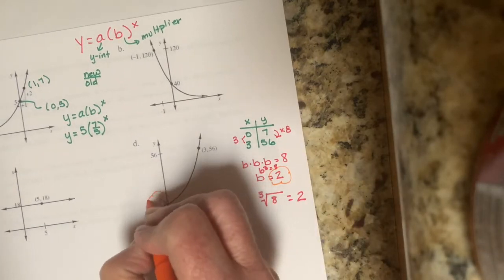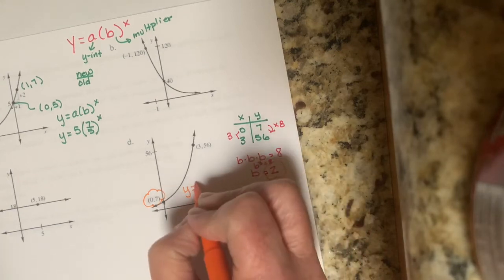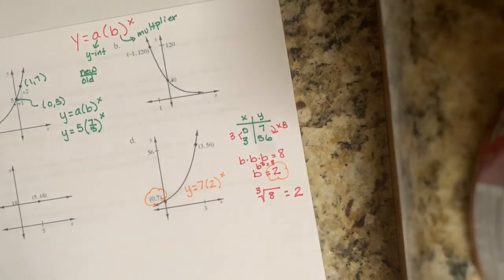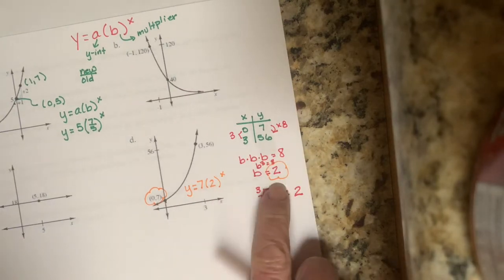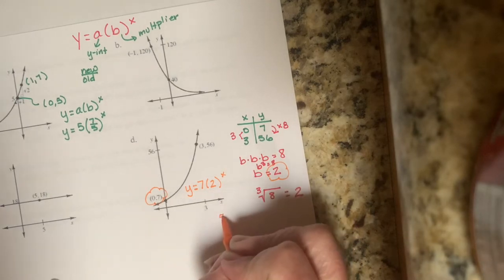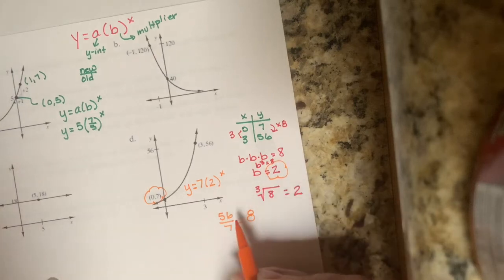My a is 7. So my equation is y equals 7 times 2 to the x power. Again, this 2 really comes from the fact that I took 56 and divided it by 7 and got 8. I took my new value over my old value and got 8.